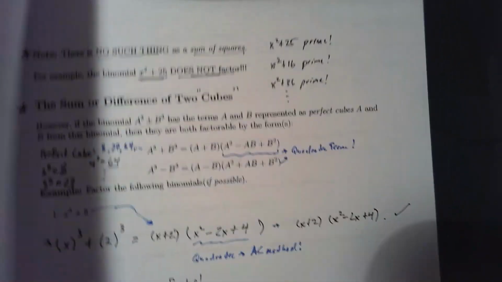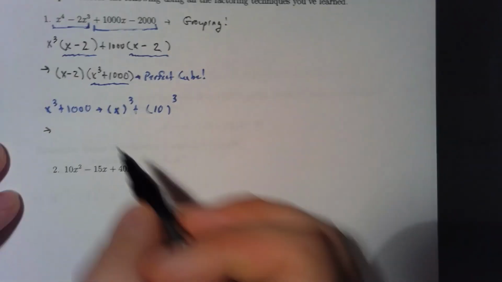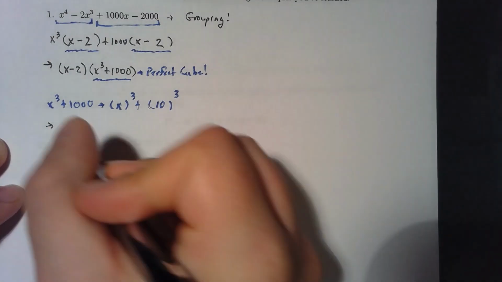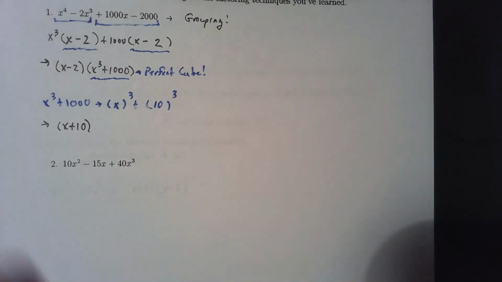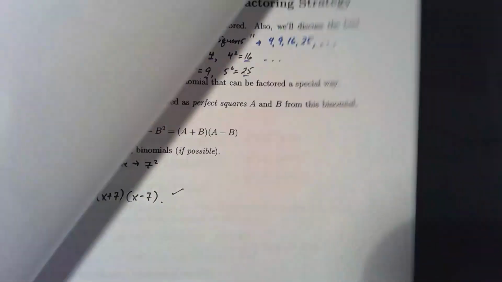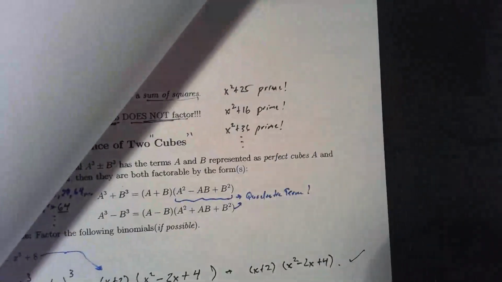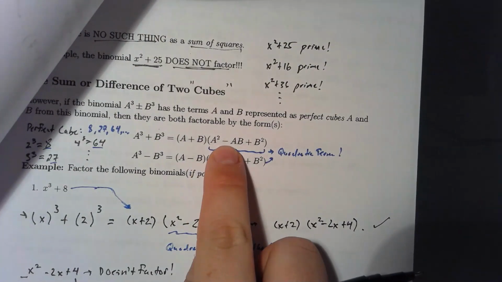So that's a plus b. So this factors to a plus b, which is x plus 10. And it factors to a squared minus ab plus b squared, which is going to be what?